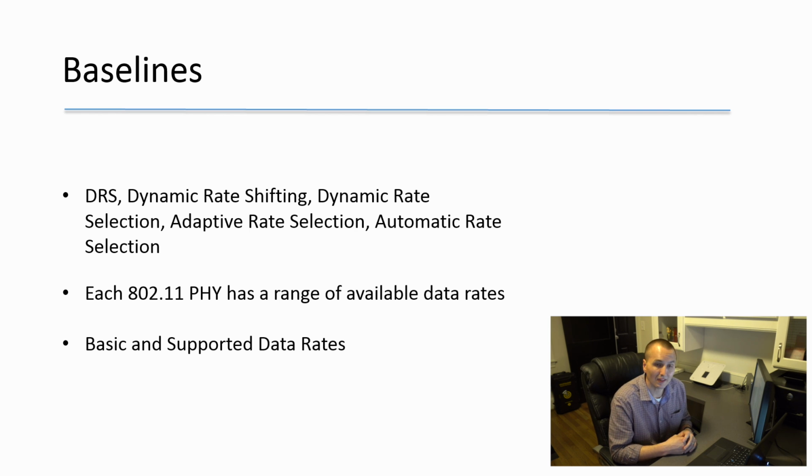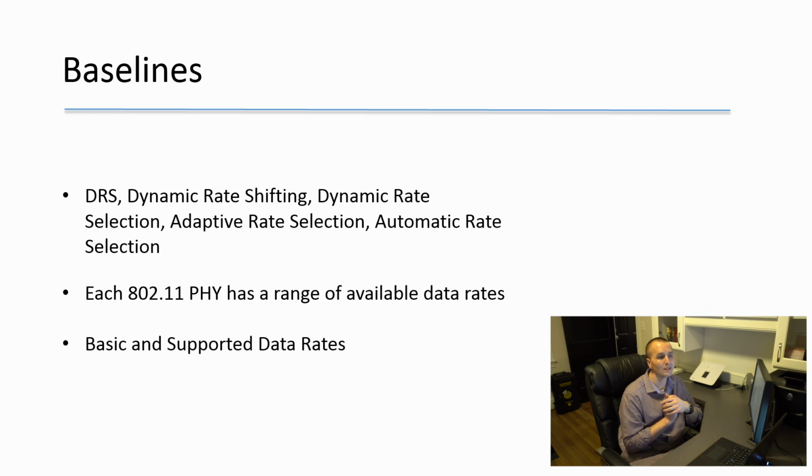Each 802.11 has a range of available data rates. Those multiple data rates provide 802.11 stations with the ability to communicate at the highest possible data rate dependent upon current RF conditions. Those data rate transmissions between the AP and client will shift down or up depending upon signal quality between those two radios.